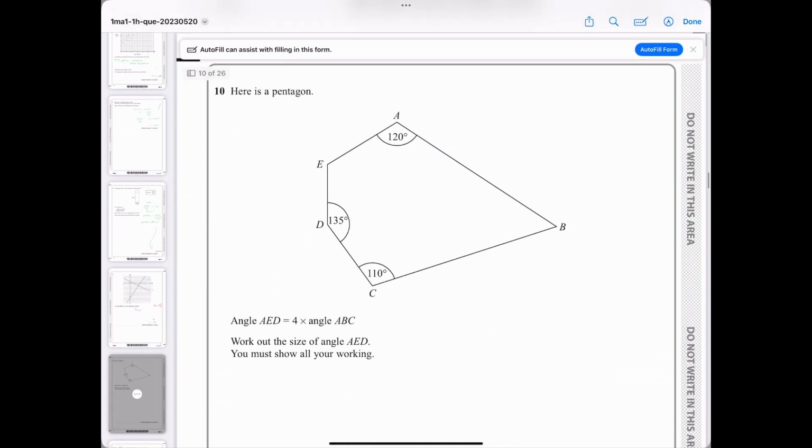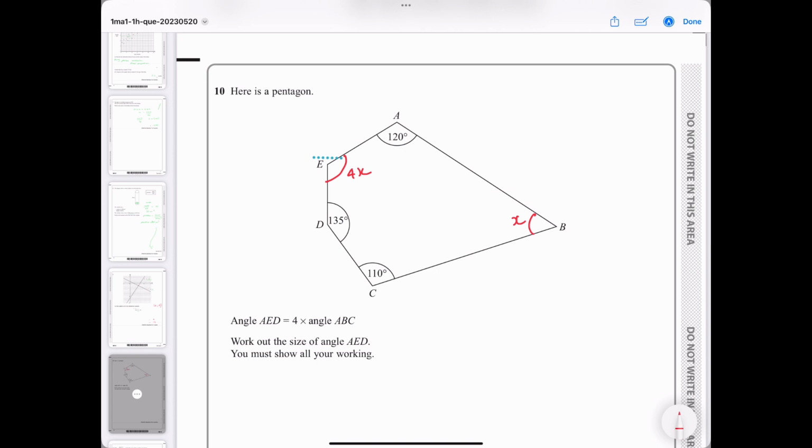Right, here's a pentagon. Angle AED, so this one here, is 4 times angle ABC, which is this. So if we call this x and we call this 4x, we've got to find out how big AED is.